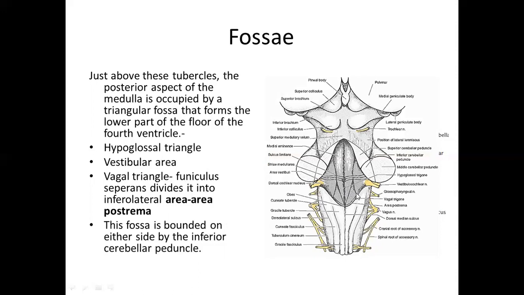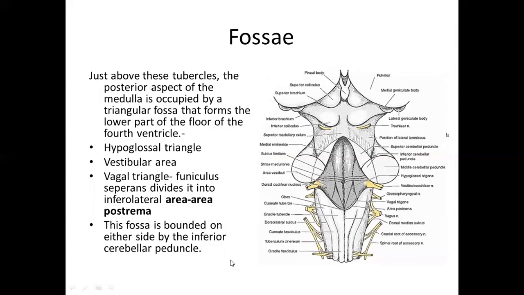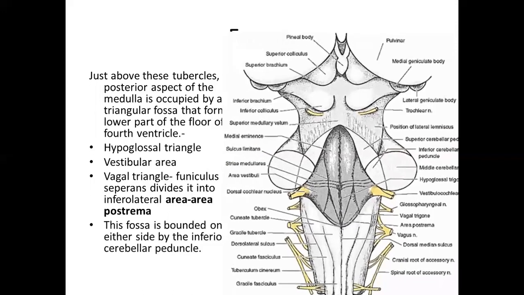Over here, this one is the sulcus limitans, and beneath it, this will end in an inferior fovea. So we have the inferior fovea and the foramen cecum. Over here, you can have a better look. This area is the area postrema.